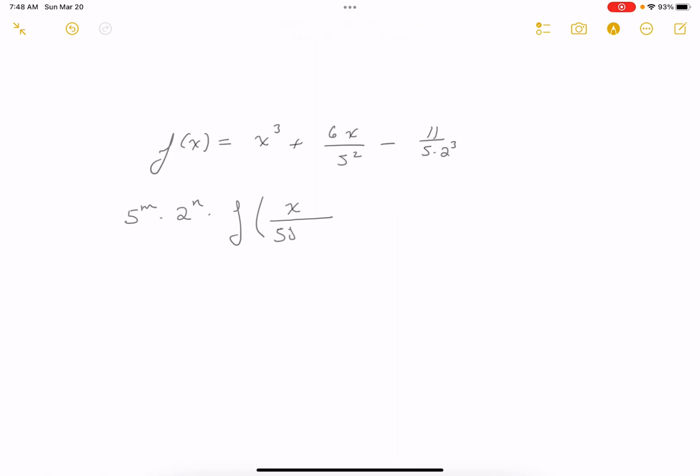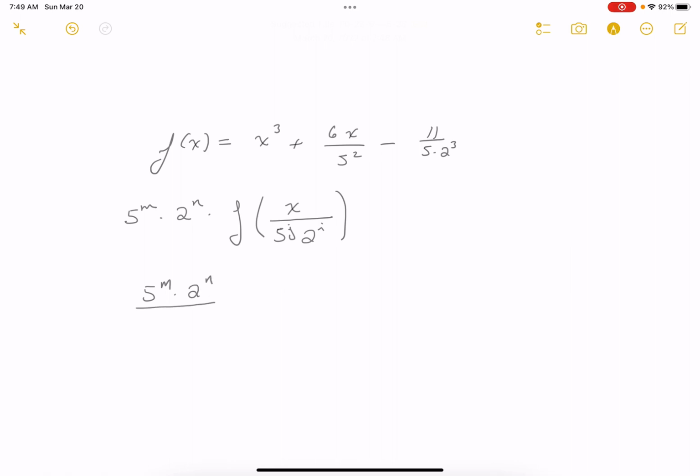I have to use a different letter, j, and then 2 to the i. Whoops, not j. I didn't mean to do that. Different letter, right? I. Right, I'm just going to focus in, not on the letter x. I'm just going to focus on the coefficients, one at a time. So the first coefficient would be 5 to the m times 2 to the n.